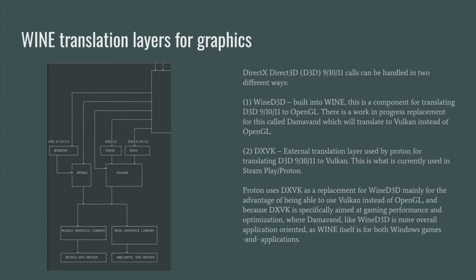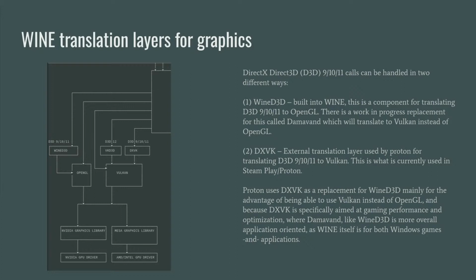Damavan, here, let me back up a minute. So Damavan is a work-in-progress replacement for WinD3D that does the same thing that DXVK does, but the difference is DXVK is aimed for gaming, whereas Damavan is aimed more as a traditional WinD3D backend.